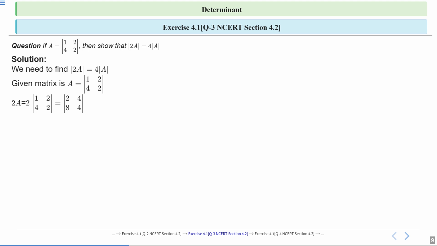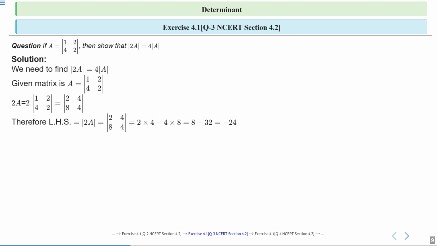So we get matrix 2A as 2 into 1, that is 2, then 2 into 2, that is 4, 2 into 4, that is 8, and 2 into 2, that is 4. So matrix 2A is 2, 4, 8, 4. Now we have to calculate the determinant of 2, 4, 8, 4.